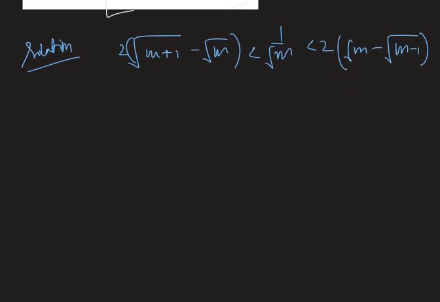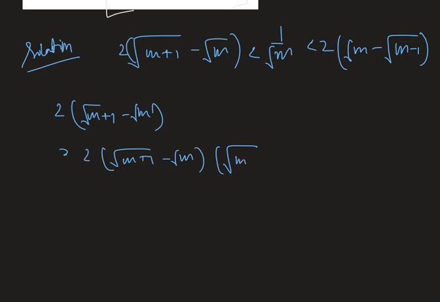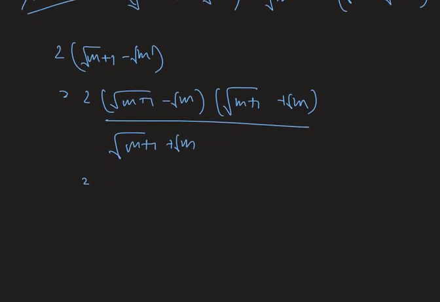so let's start with the left hand side, that is 2 times root over m plus 1 minus root over m. If we multiply by root over m plus 1 plus root over m and adjust it by dividing, we get root over m plus 1 plus root over m in the denominator, and in the numerator we get only 2, as this portion results in 1.